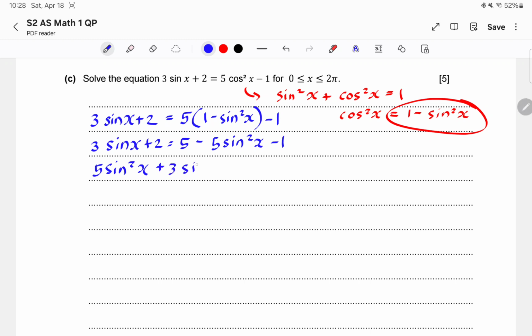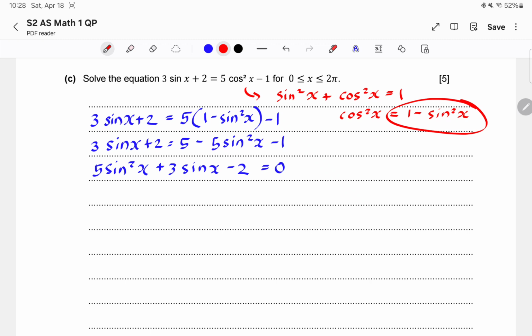Then 3 sine x minus 2 equals 0. You can imagine there's a hidden quadratic behind this trig. The sine squared x looks like 5x squared plus 3x minus 2 equals 0, so you can factorize this as you would a quadratic.